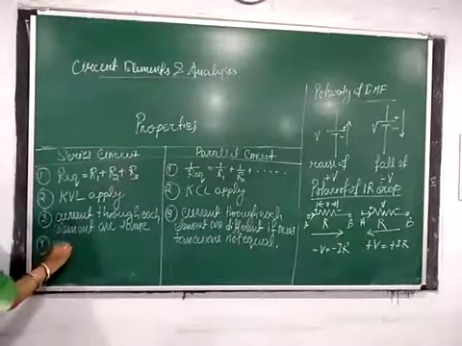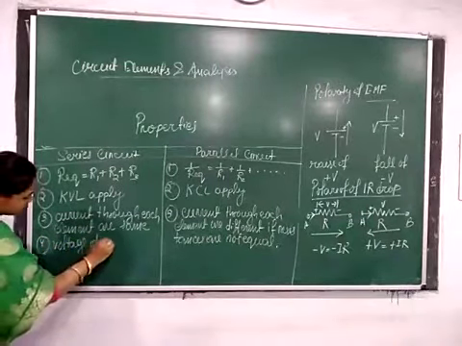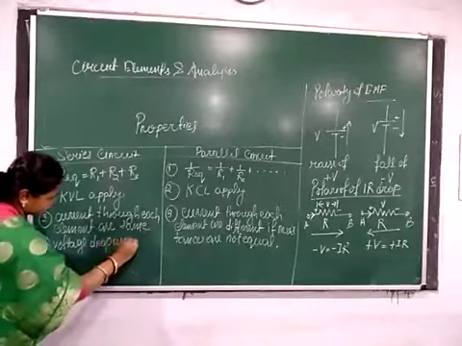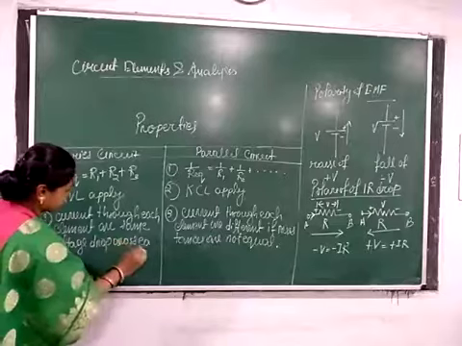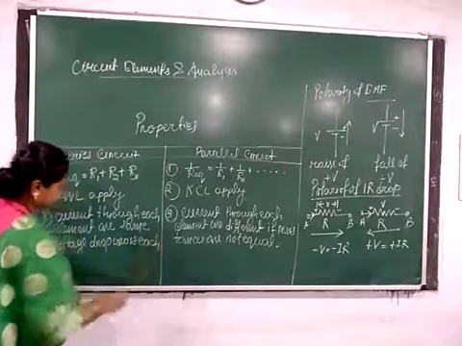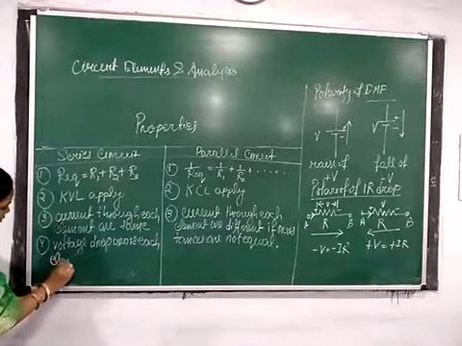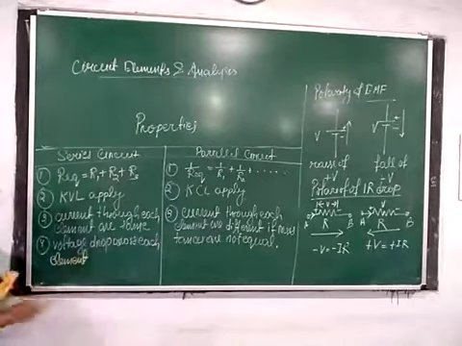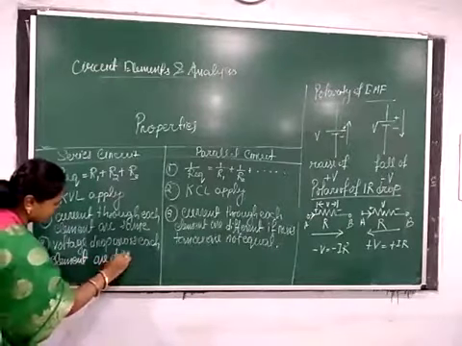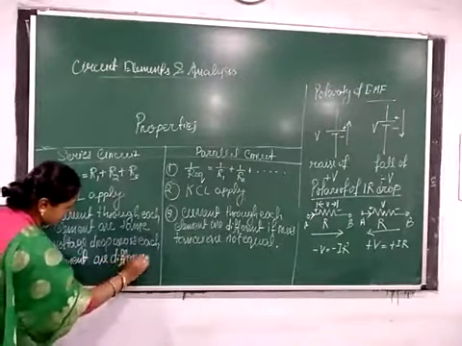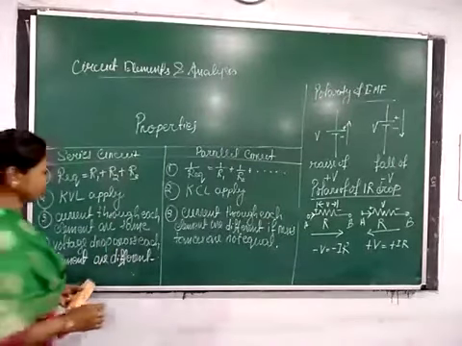Voltage drop across each element connected in series is different if resistance values are not equal.